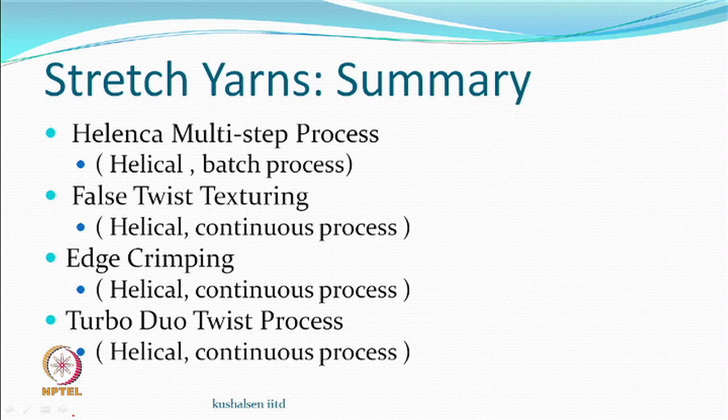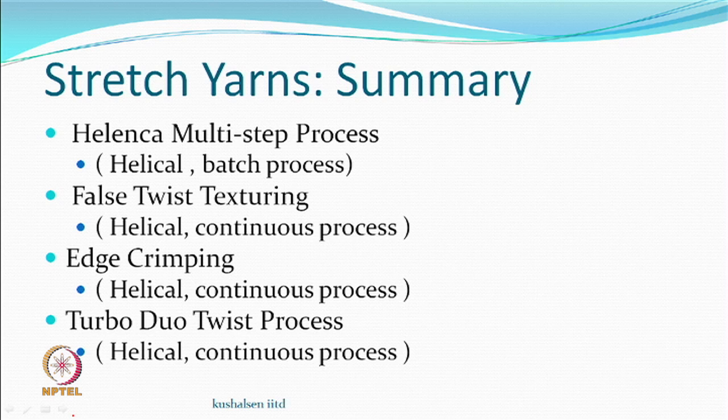It also gives you a helical structure, but it is a batch process. False twist texturing is a continuous process. It also gives helical structure. Edge crimping also gives helical structure as a continuous process, and turbo duo we just finished also is a helical process. It gives you helical structure.